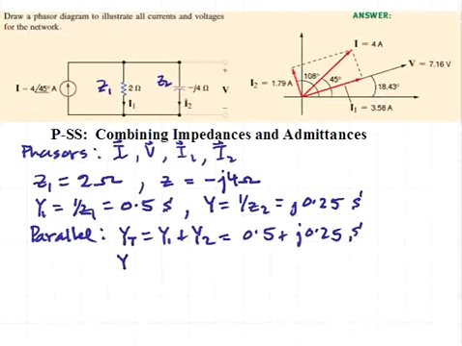In the polar form, YT is equal to 0.559 at a phase angle of 26.57 degrees.